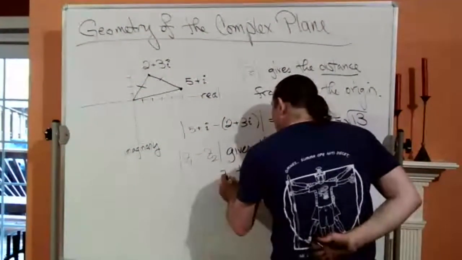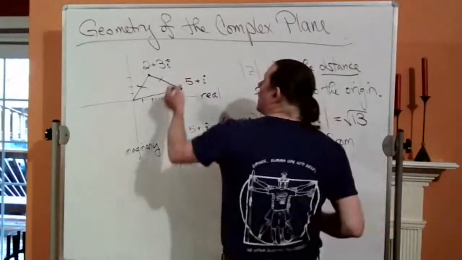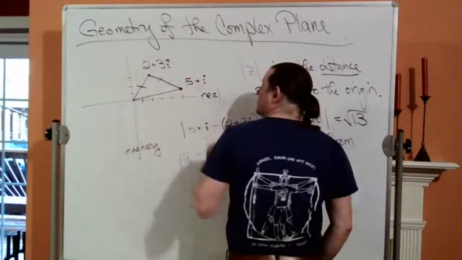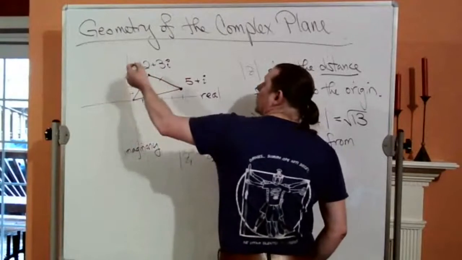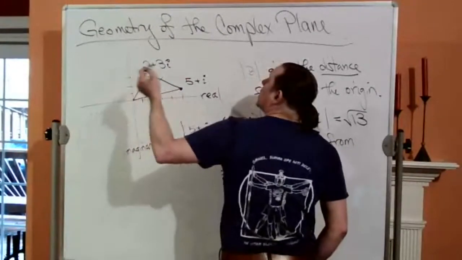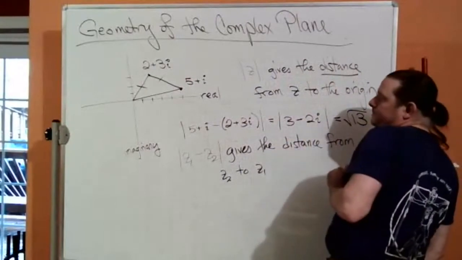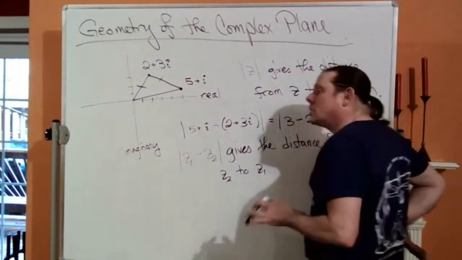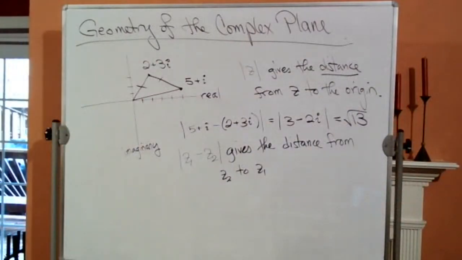It doesn't matter, but I'm saying because z1 minus z2, just like 5 plus i minus 2 plus 3i, gives me a complex number that goes from 2 plus 3i to 5 plus i, 3 minus 2i. All right? So that allows us to interpret certain equations in the complex plane.